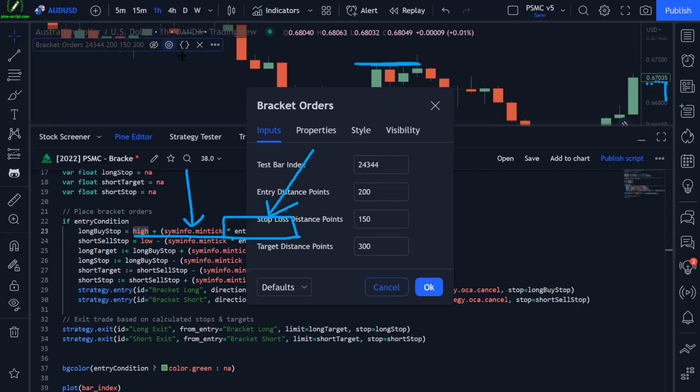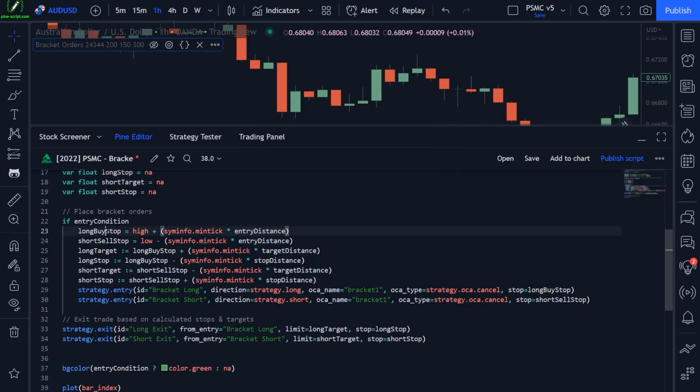So in this case, that would be 200 points multiplied by our minimum tick value will give us a buy stop price based on a points distance. Then we do the same thing for our sell stop, but obviously in the opposite direction. We're subtracting our entry distance points from the low of this highlighted candle.